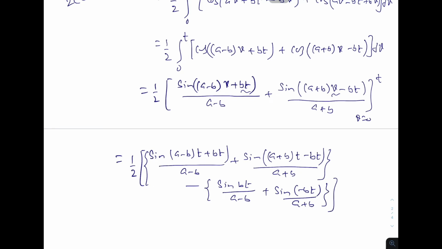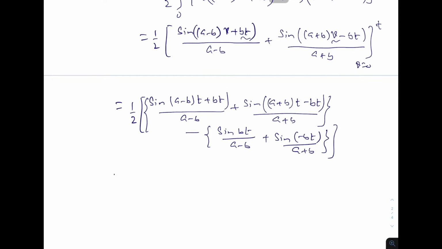This is upper limit and lower limit. This is equal to 1 by 2. Now see, sine of at minus bt plus bt, so the minus bt plus bt will get cancelled, so you have sine of at over a minus b.